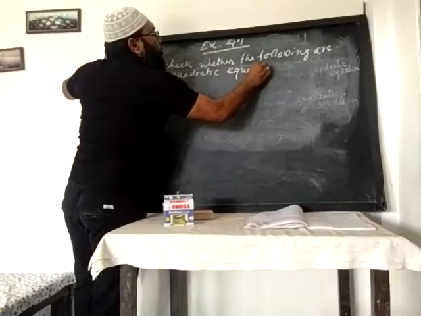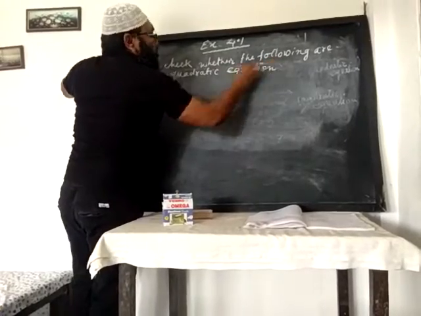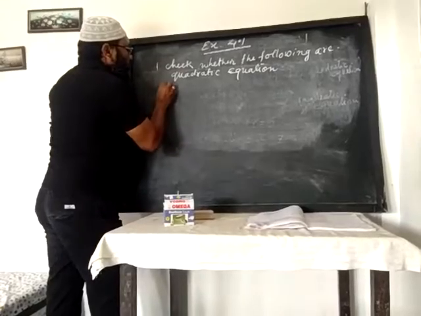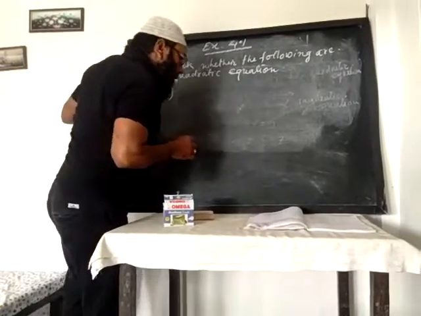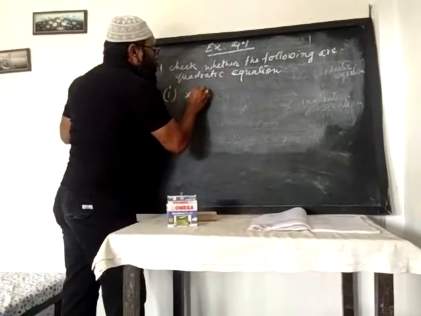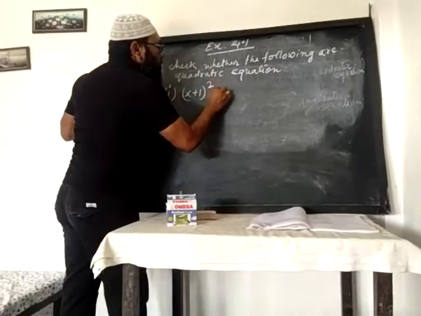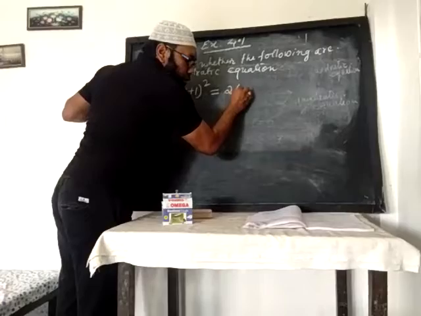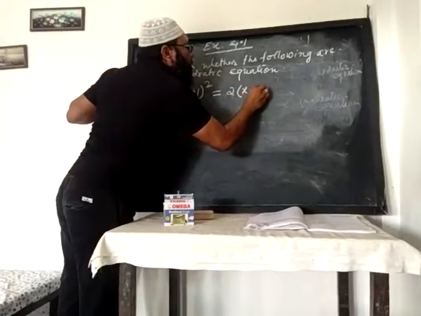Now, first: x plus 1 whole square equals 2x minus 3.